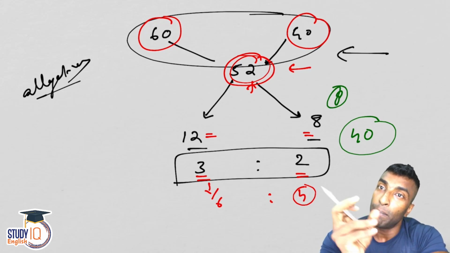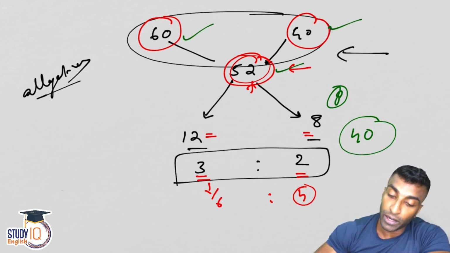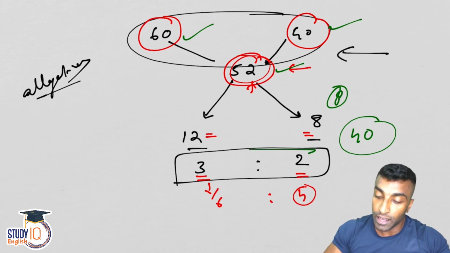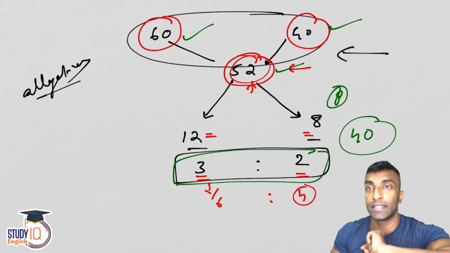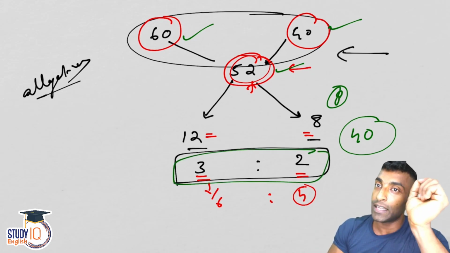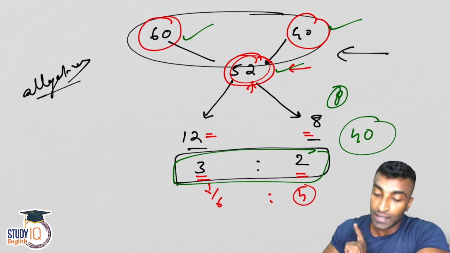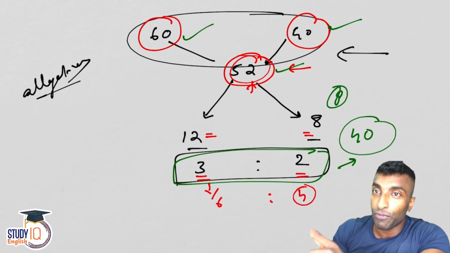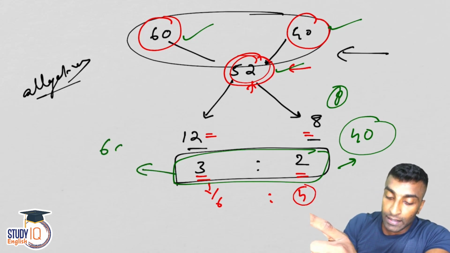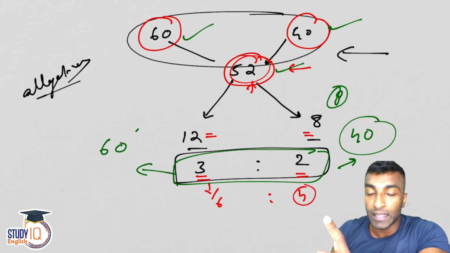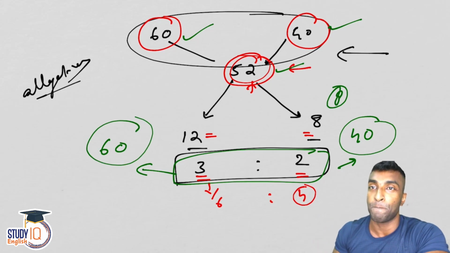Yes. Why? Because you have this one, this one, and this one. You go for allegation. You get the ratio of boys and girls as 3:2. That means 3 boys and 2 girls. And now you know the number of girls is 40. So 2 stands for 40, then 3 should be 60. So how many boys will there be? 60 boys.